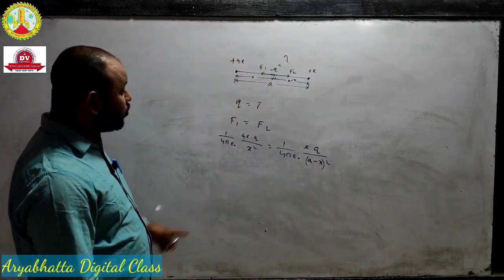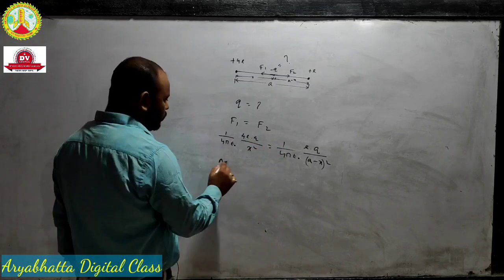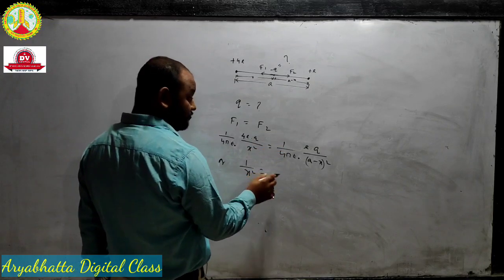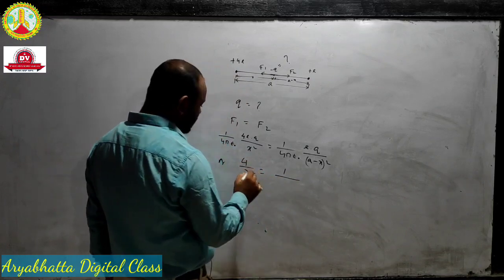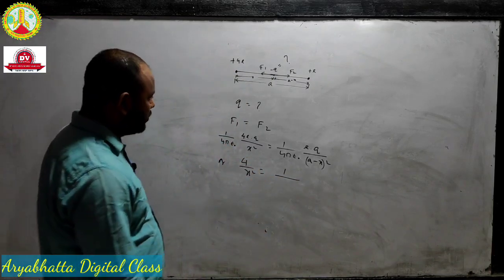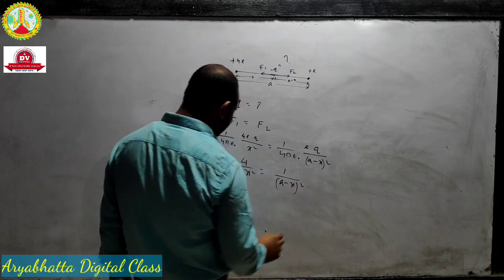So from both sides 1 by 4 pi epsilon naught into eq will cancel. So it will be 4 divided by x square on the left side, and 1 divided by (a minus x) whole square on the right side.